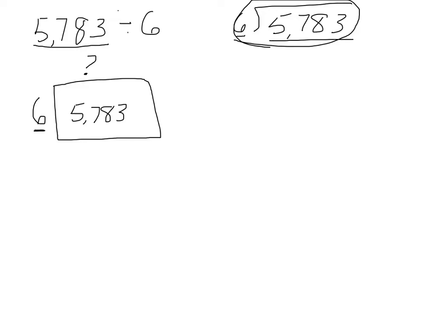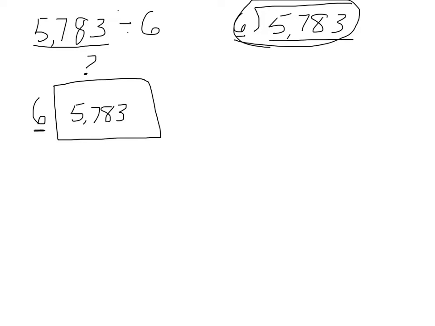I like to tell our students that's how many groups you're going to make, but it can also be how many items are in each group. This question mark up at the top is going to be our quotient, and that's your answer to the division problem. And that can also be how many items are in each group or how many groups you're making.